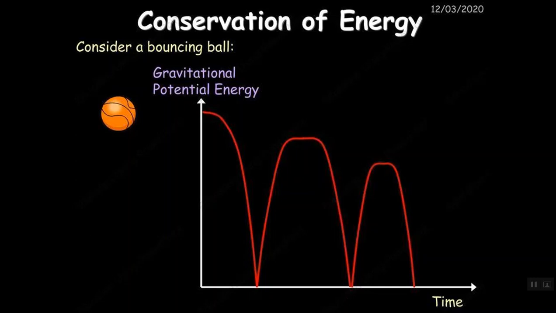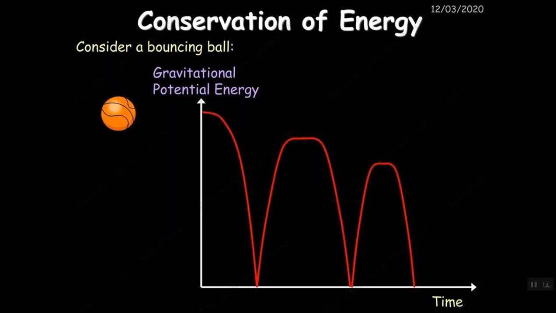The fact that the bounce has less potential energy each time means that there is energy lost due to sound or friction or something like that, or even the changing of the shape of the ball, elastic energy.